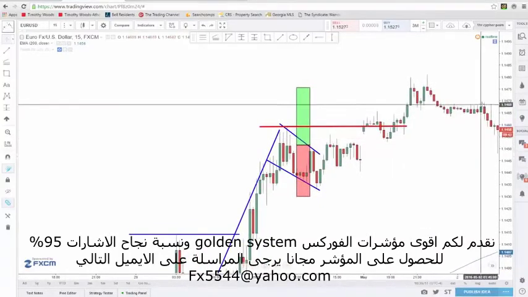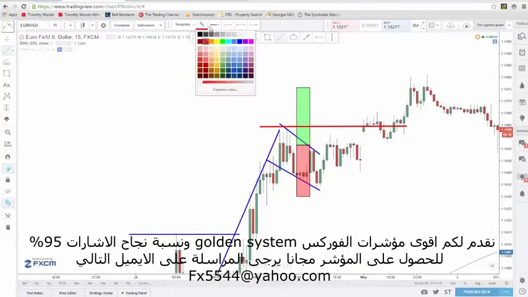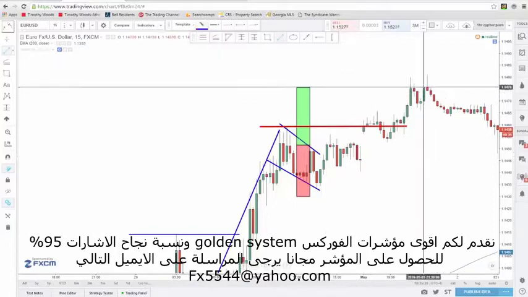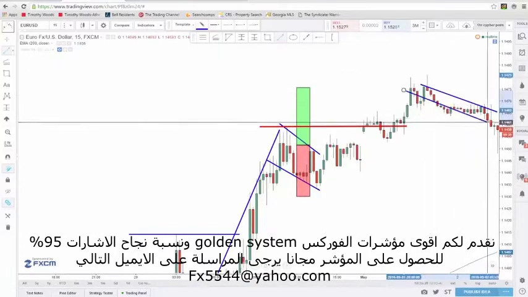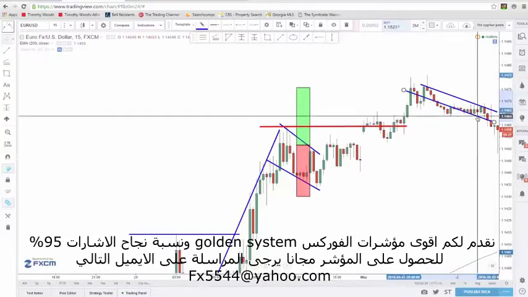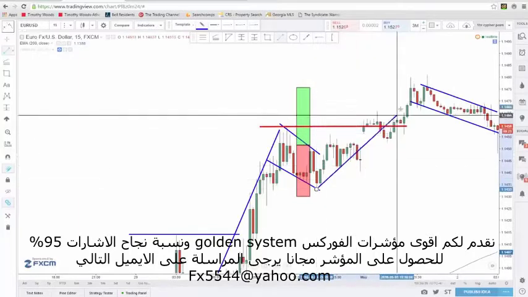There's another resistance level here. From here, now we can pull a flag pattern from resistance to resistance. And the pole would be from here.